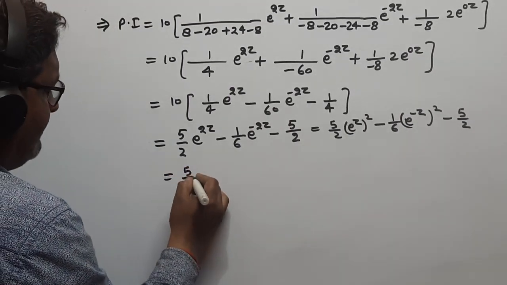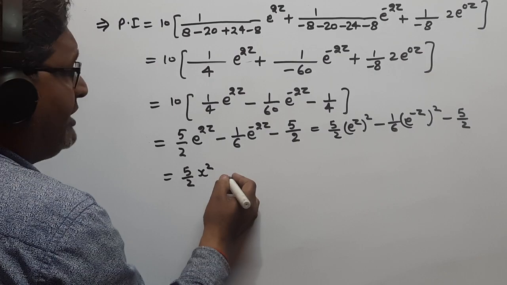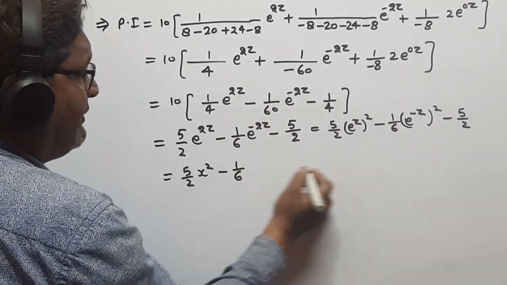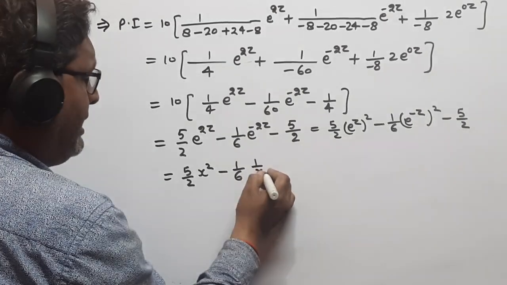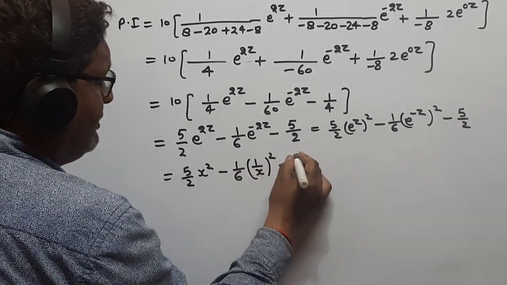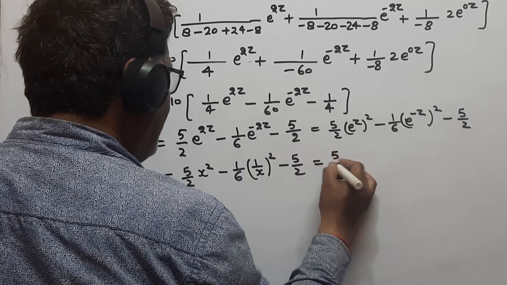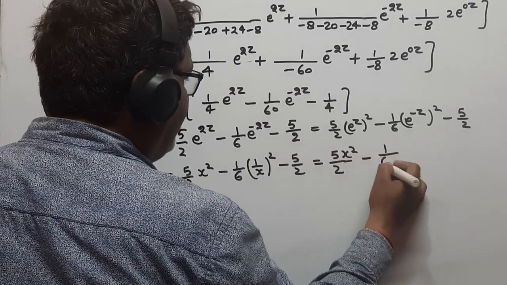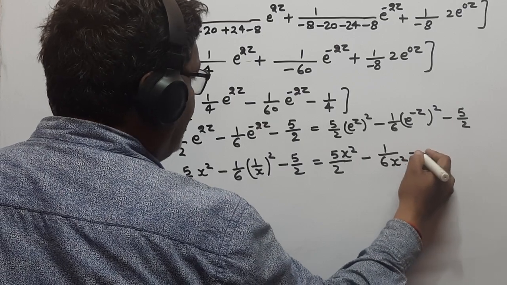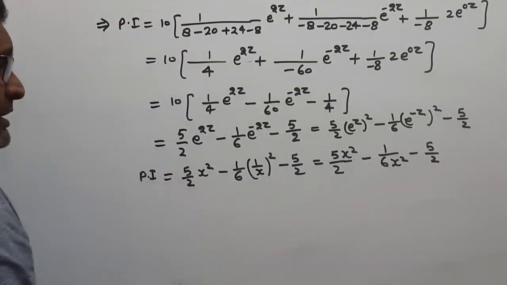So we put x in place of e to the power z, this is 5 by 2 x squared minus 1 by 6, here we write 1 upon x whole squared, this is minus 5 by 2. So this can be written as 5 by 2 x squared minus 1 by 6 x squared minus 5 by 2. So this is the particular integral.